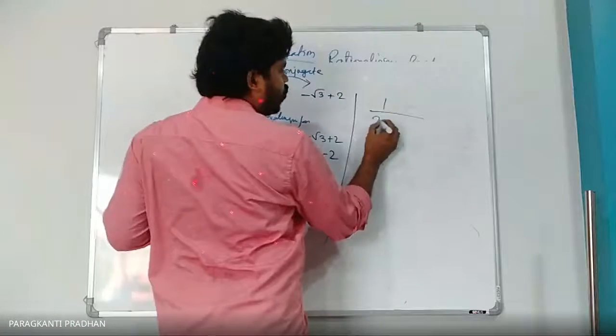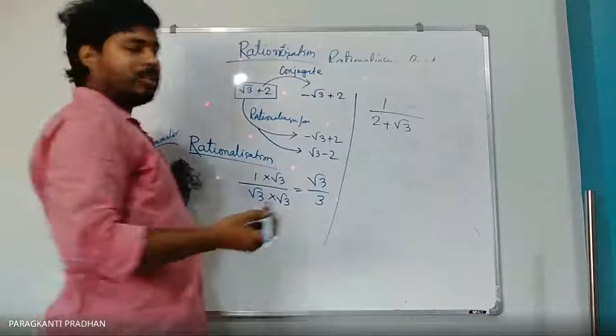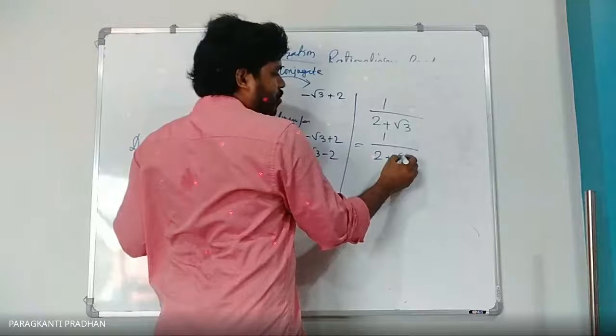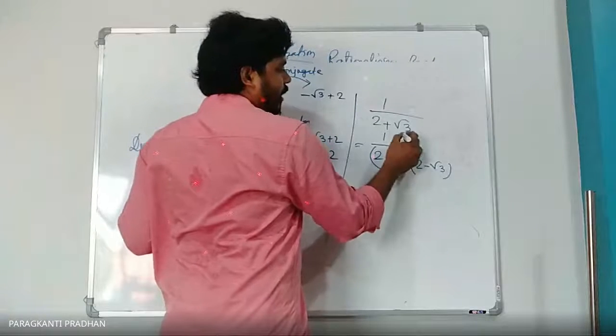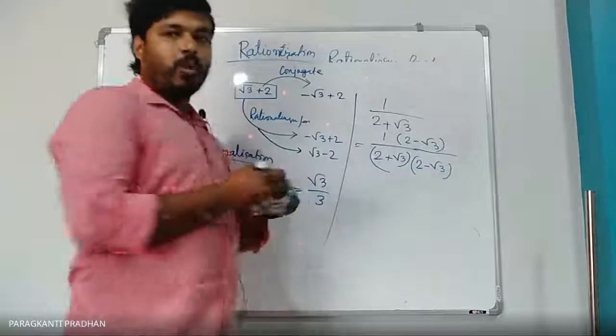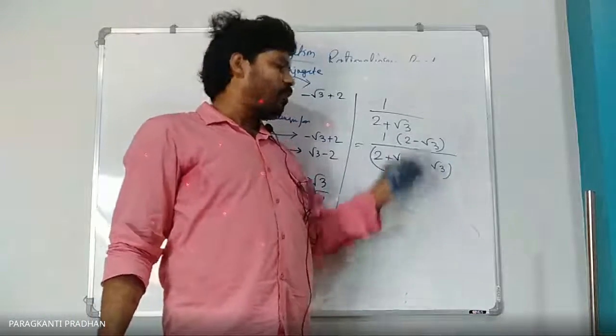Now 1 by 2 plus root 3. This equals 1 by 2 plus root 3 into 2 minus root 3, again here 2 minus root 3. We are multiplying the rationalizing factor 2 minus root 3 below and above.